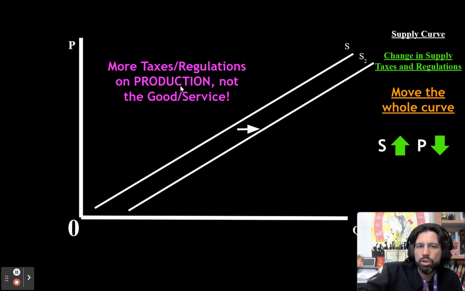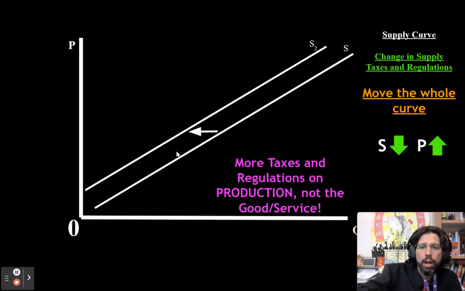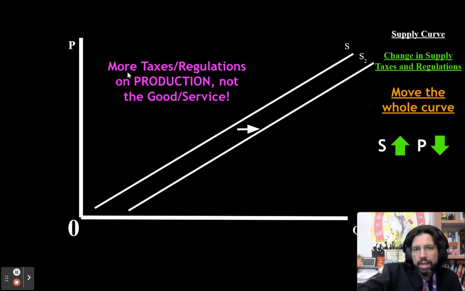So this is taxes and regulation on production. All right. When you have less taxes and regulation, then what you will get is an increase in supply.